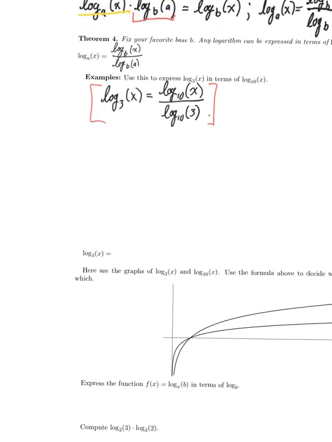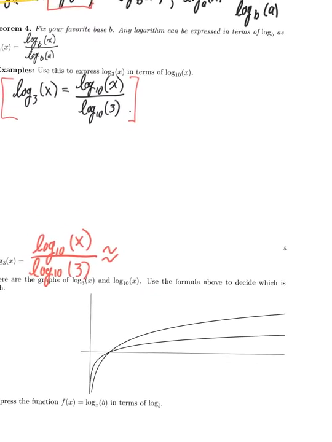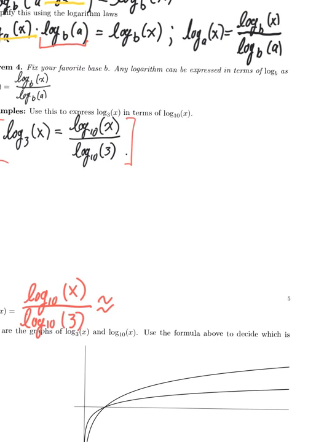Okay, so writing this down, the log base 3 of x is the same as the log base 10 of x divided by the log base 10 of 3. And just as in the previous example, I'm going to want to estimate the log base 10 of 3 just to write down something that's a little bit more explicit looking in order to understand the graph below.